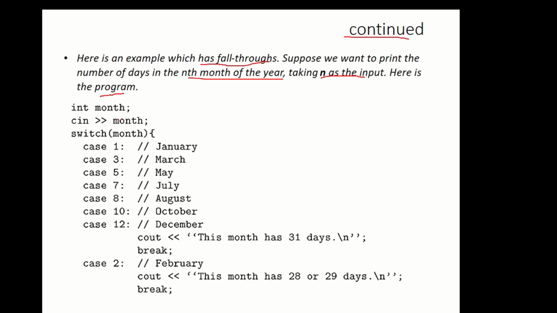For example, switch months. Case 1, case 3, case 5, case 7, 8, 10, 12: this month has 31 days. Break. Case 2, February, this month has this many days. Like that, it matches the given value with the previously declared values.